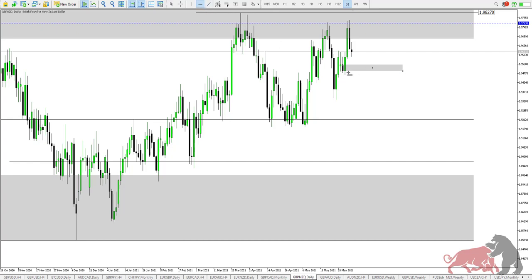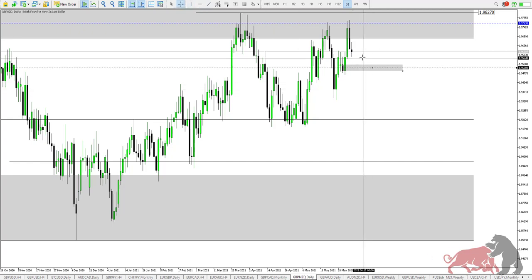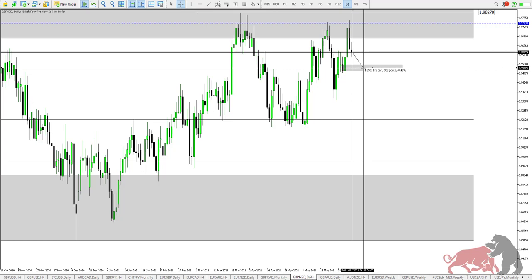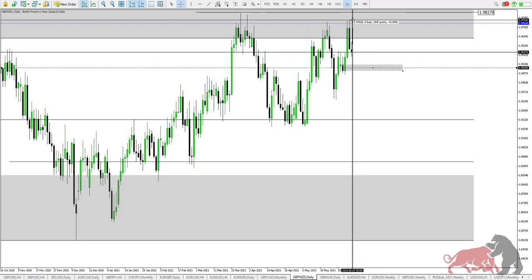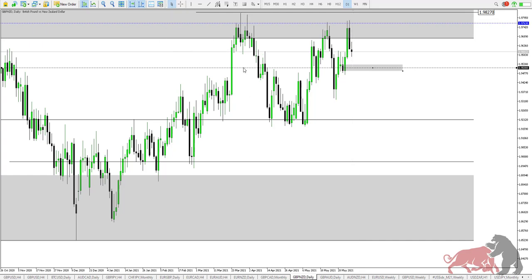That is the target for short positions. Even if you enter from current level, that should be your target. You're looking at about 90 pips and your stop above 1.97800.